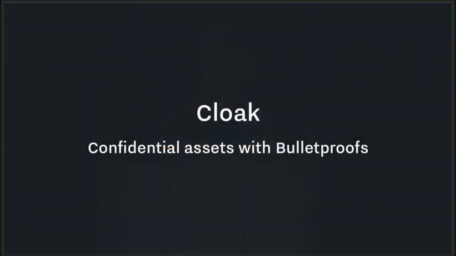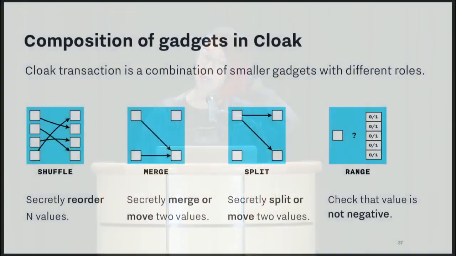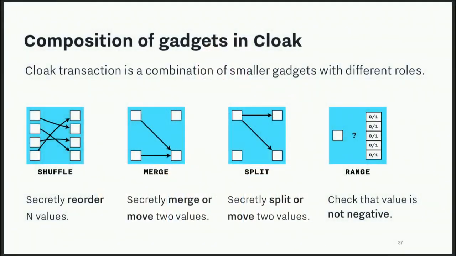So this toShuffle on its own doesn't actually do anything extremely useful, but if we put it together with a bunch of other gadgets, we can actually make a confidential assets protocol using these bulletproof constraint systems. So that's pretty cool. The gadgets that we have in this confidential assets protocol, which we call cloak, are shuffle, merge, split, and range.